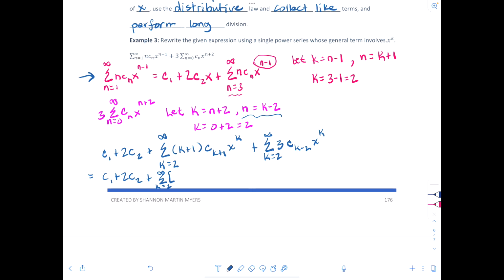We've got k plus 1 times c sub k plus 1 plus 3 times c sub k minus 2. All of that is times x to the k. So we made one happy summation. And guess what? That's all we were asked to do. So we are all done with that problem.